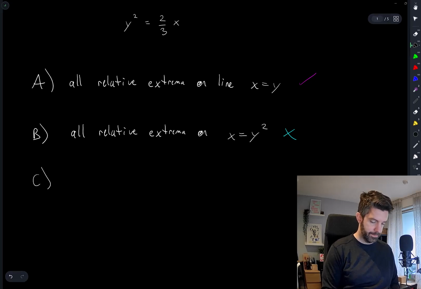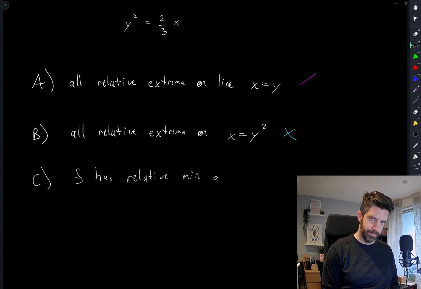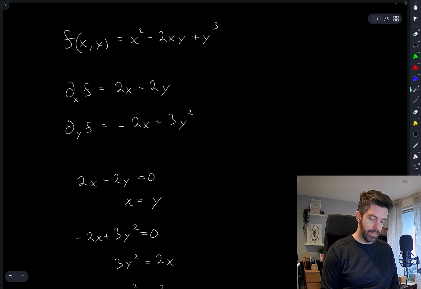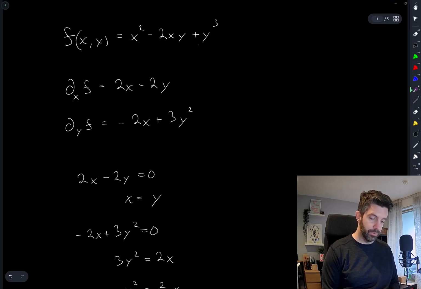So C, f has a relative minimum at 0, 0. This is not correct. If I simply let x be equal to 0, so that these two terms are gone, then the graph of f when x is equal to 0 looks like y cubed, and I of course can make f positive or negative or 0 or anything I want, right?